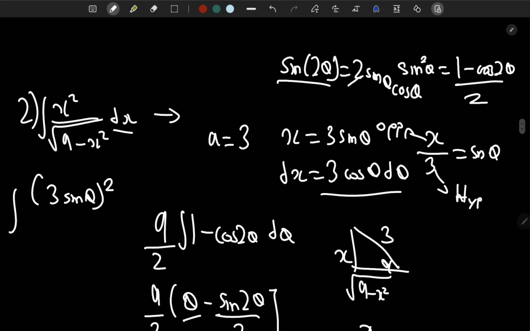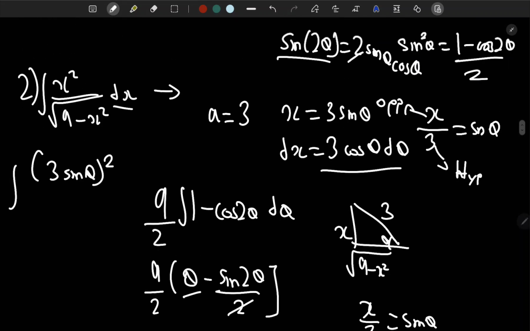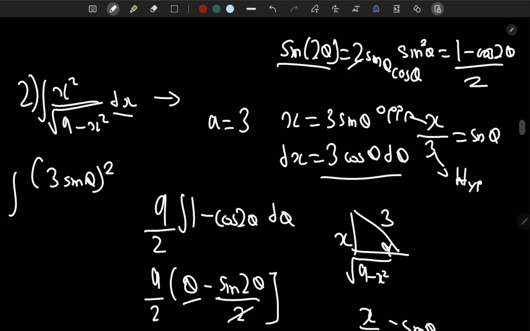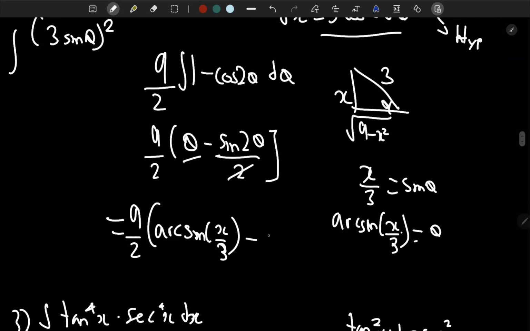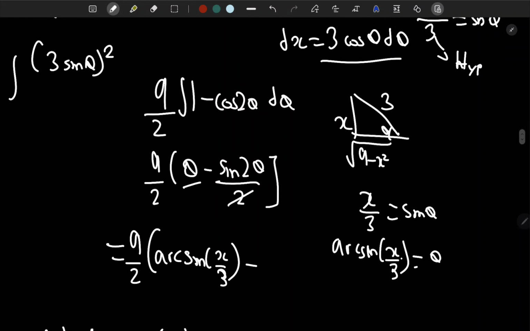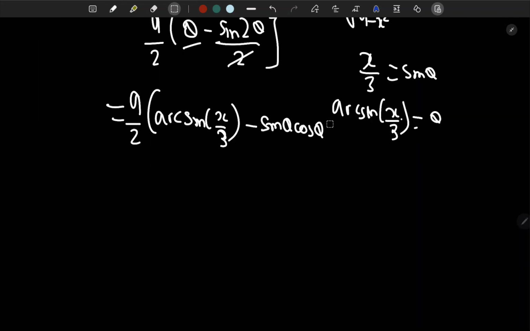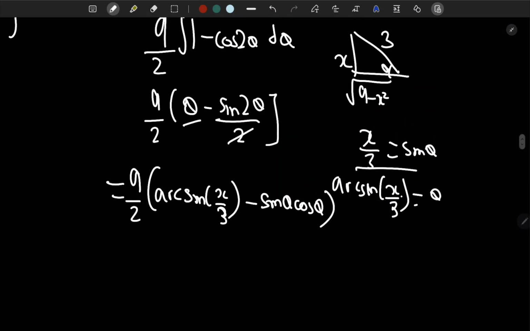The 2 will cancel out with the fraction over here, and all we will be left with is sine delta and cosine delta. So it's going to be equal to sine of delta times cosine of delta. Now again we need the triangle to be able to solve for sine and cosine. We know from our identity that sine is just x over 3, so we can replace sine with x over 3, and cosine we need to solve for.